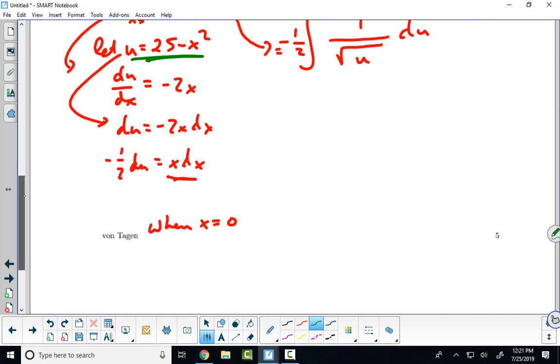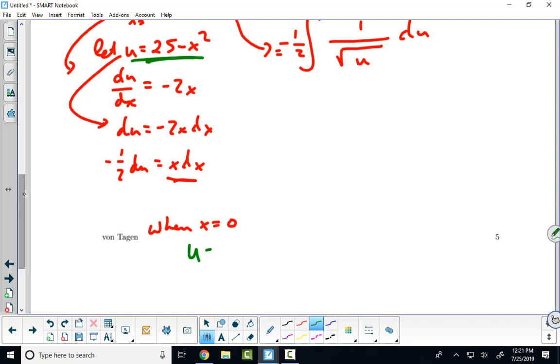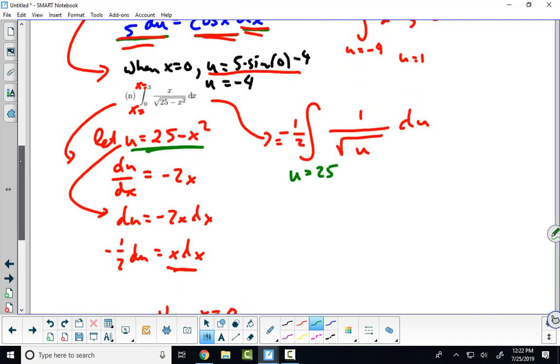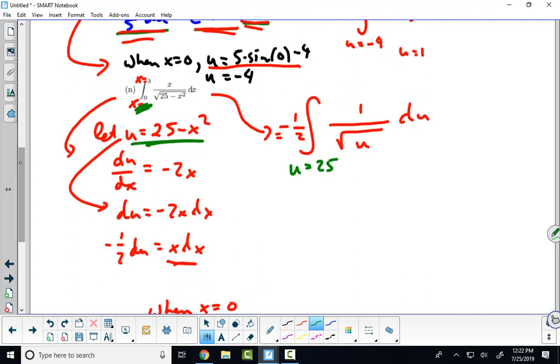So when x is 0, u would be 25 minus 0 squared. So what is our lower limit of integration going to be? 25. So then we put u equals 25. So we changed our lower limit of integration from x equals 0 to u equals 25.